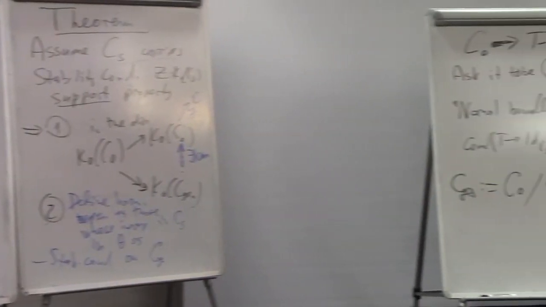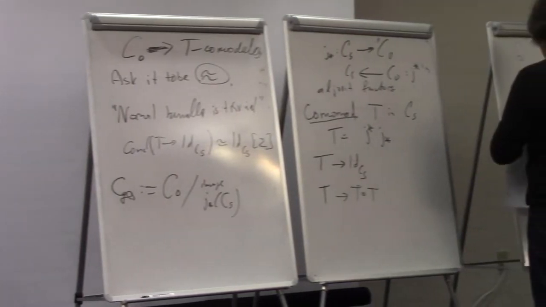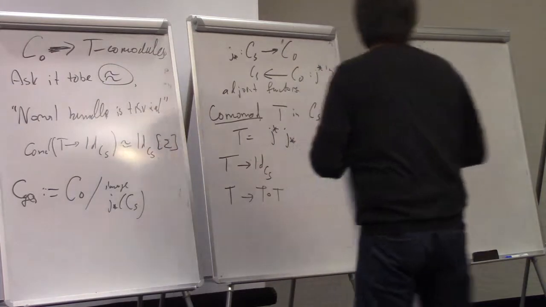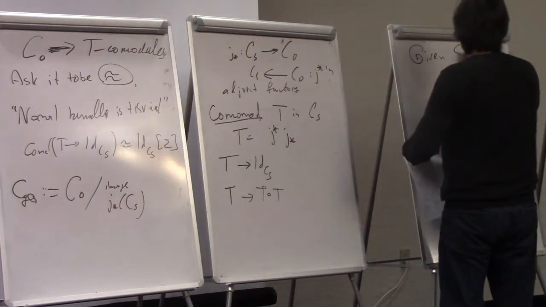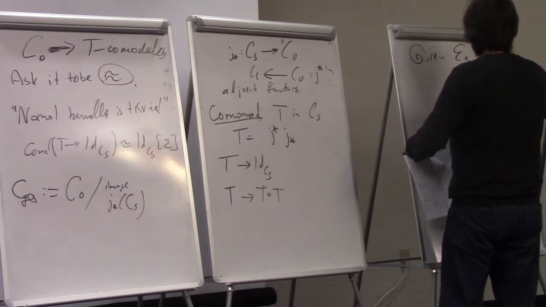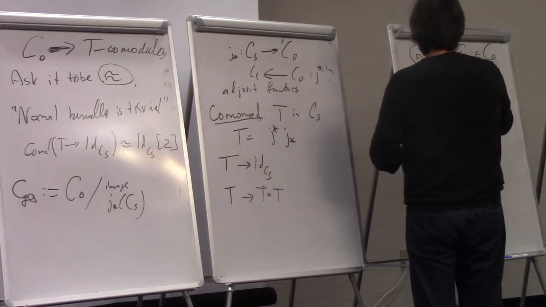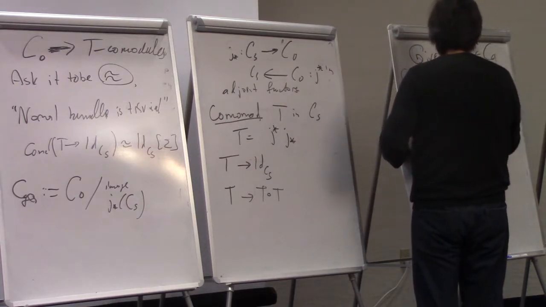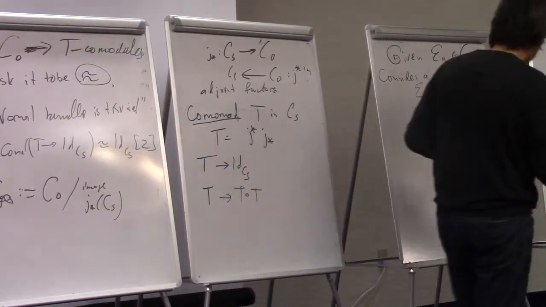So the story is the following. I have a given object in generic. I consider a model E0 in C0, and now I want to modify it step by step.